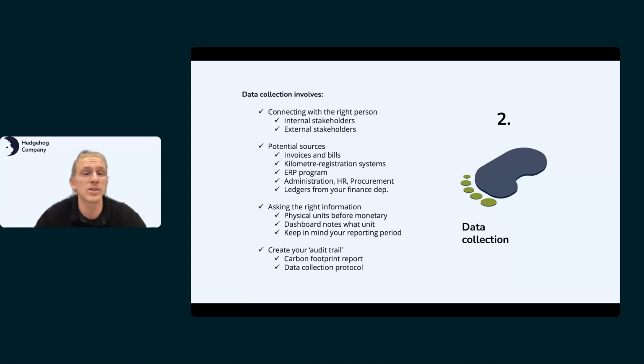You can do with monetary units, but as you will see in our dashboard, and also as we are as an organization, we want to focus on the physical units because those give us higher quality insights into your carbon footprint compared to monetary assessments. In the Hedgehog Carbon dashboard, you'll see what the actual units are that we're looking for. So we're diving into that in a little bit.